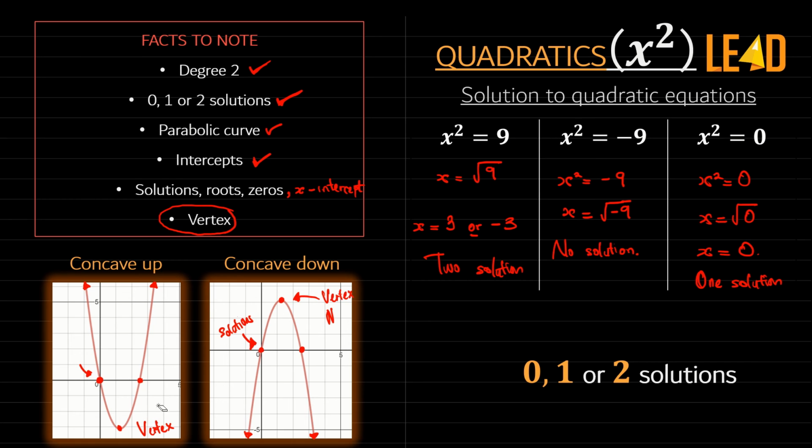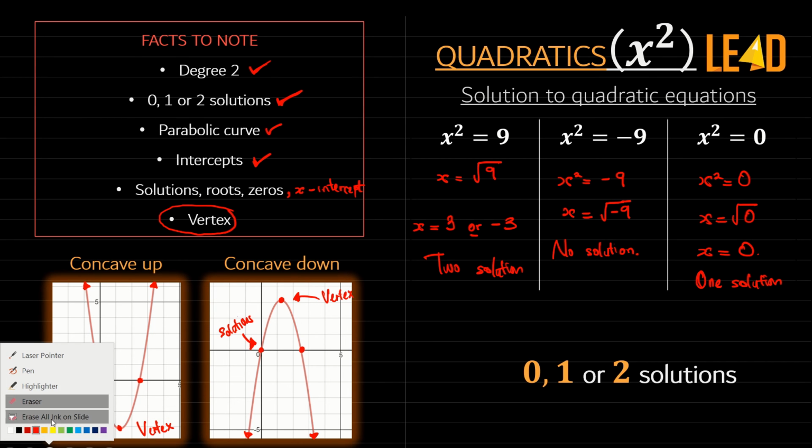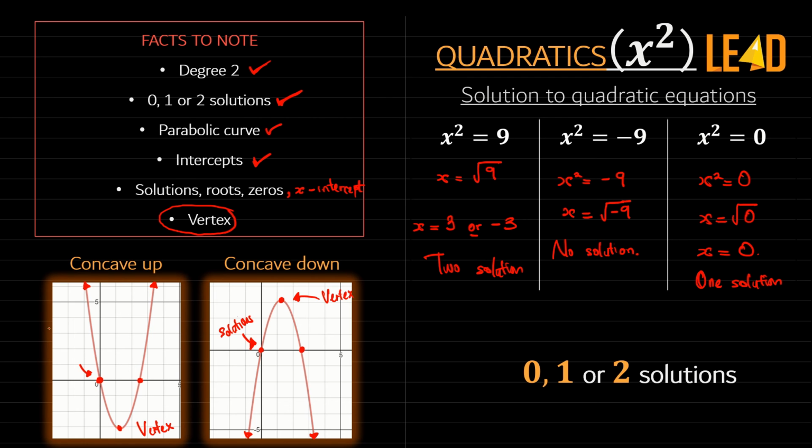Here we go. I almost thought I was going to get away with that statement of saying I would make a mistake and all of that. But anyway, your vertex is a minimum if it's concave up. Right? So you can see your vertex is at the minimum here. And then your vertex is a maximum if it's concave down.